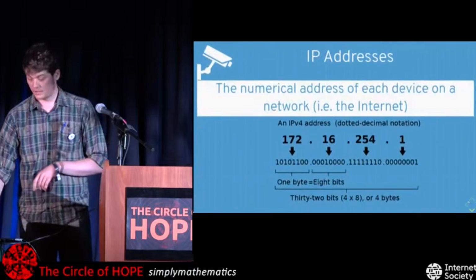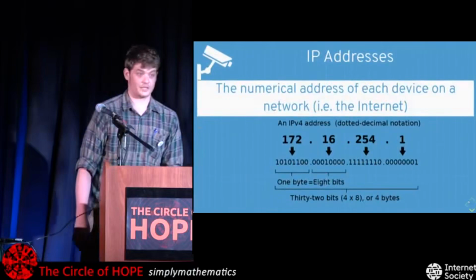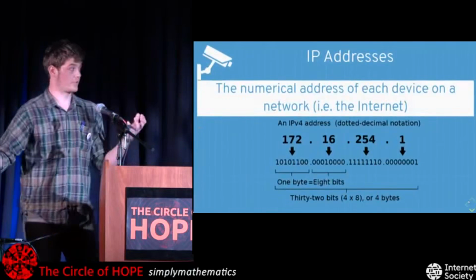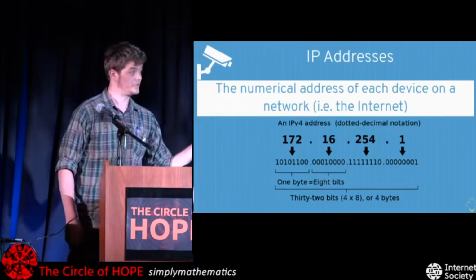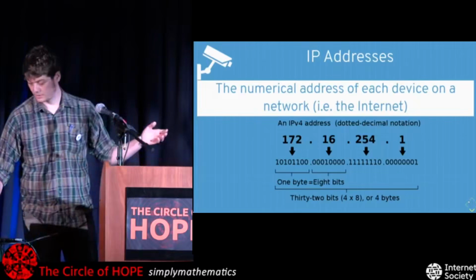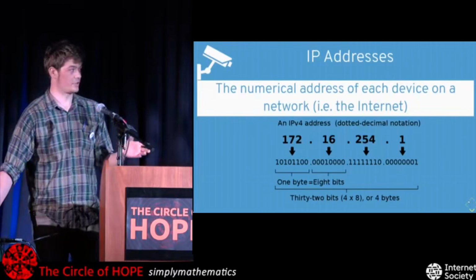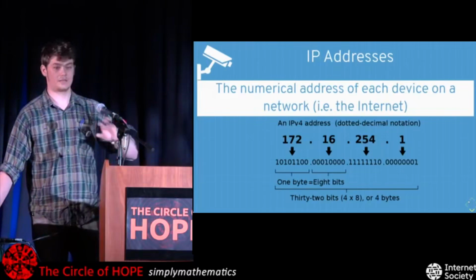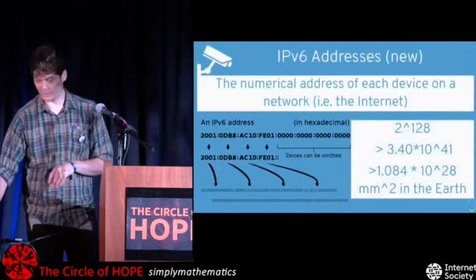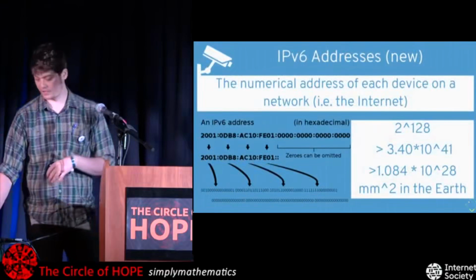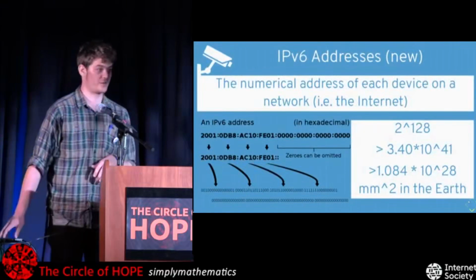IP addresses are the numerical address for a device on a network. They have this format. This vector image is from Wikipedia. It's not necessary that you know about the numbers or binary, just that there's a numerical address. IPv6 is a newer version, and it fixes the scarcity problem of IPv4.